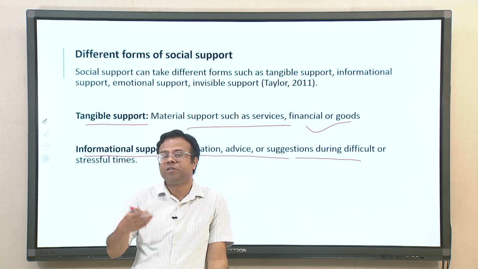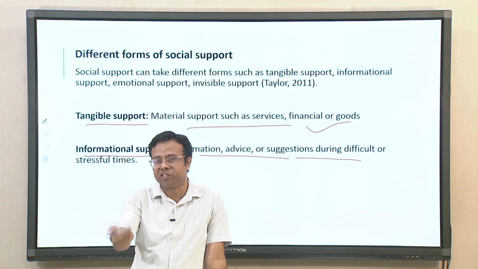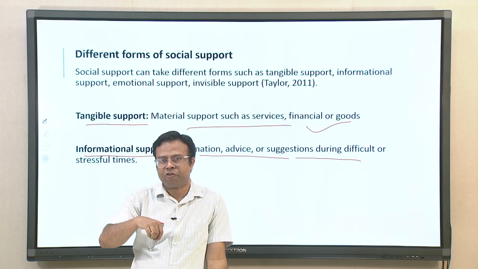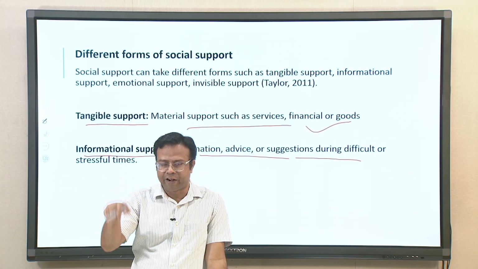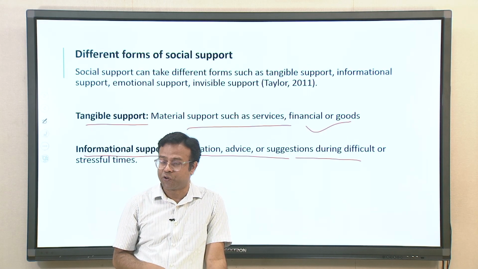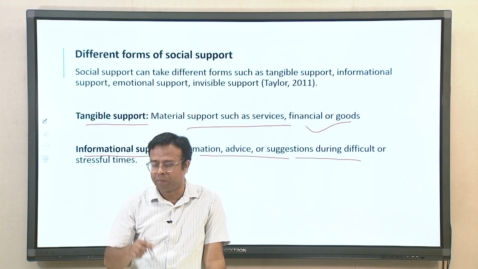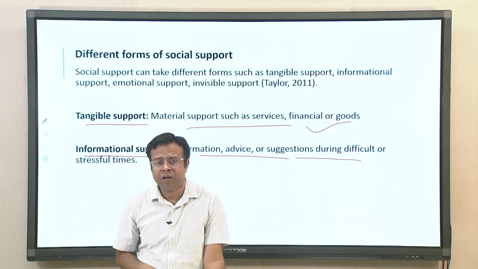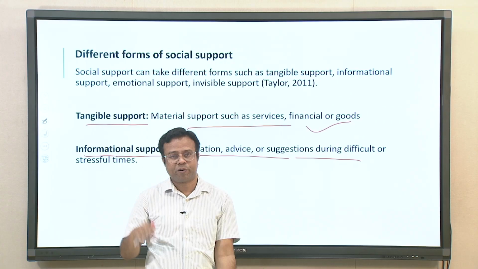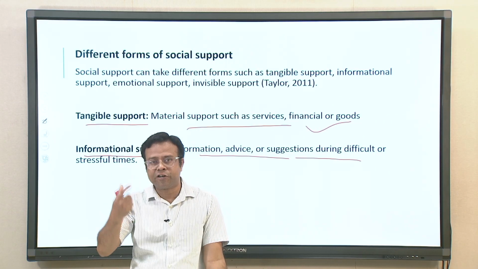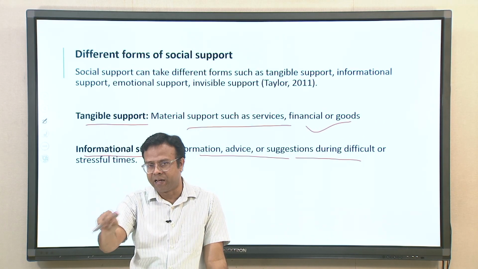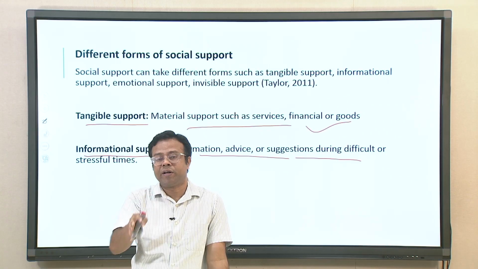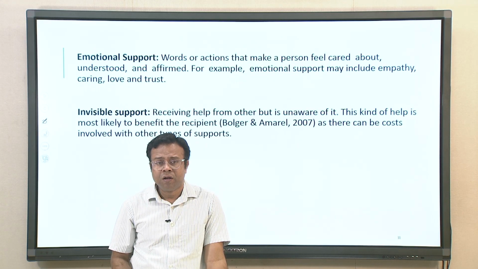Sometimes you may not have all the information to deal with the situation, so some of your friends or acquaintances may give you information, advice or suggestions on how to go about a particular situation. That is an important support, because if you do not have the information and understanding about a situation, someone else may help you. That is called informational support.